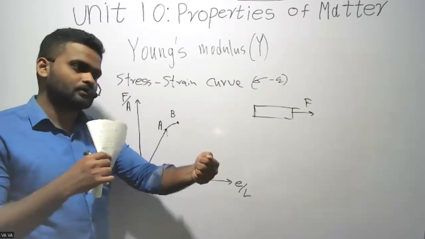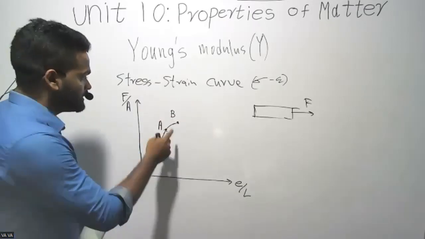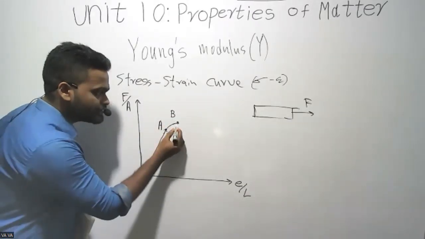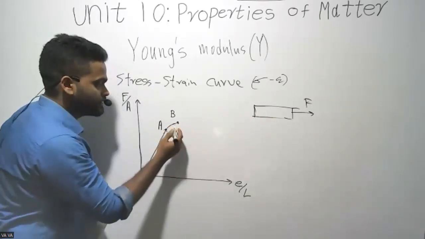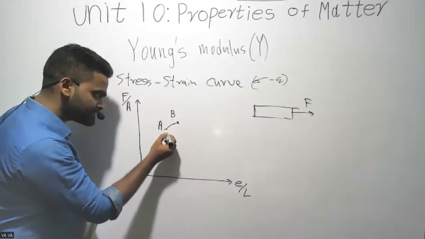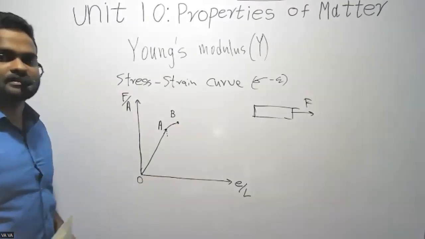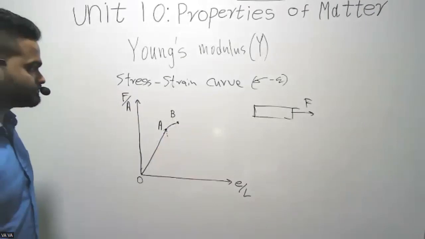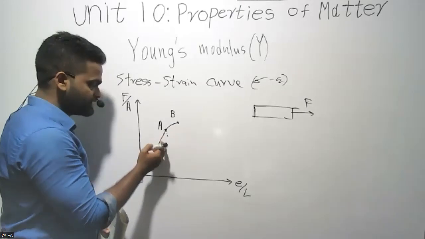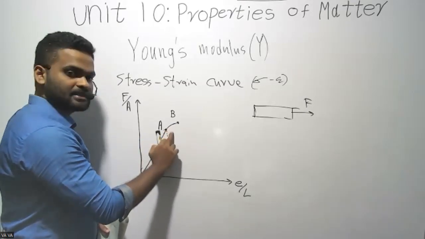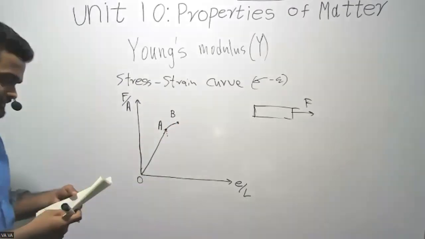Up to here, you can apply forces on that rod or wire, and when you release the force, it will follow the same graph and come back. This is the proportional limit because proportionality stops from here. After that, this is called the elastic limit. Okay.